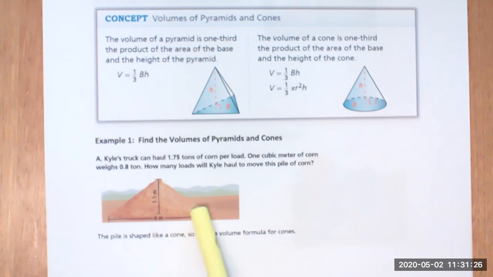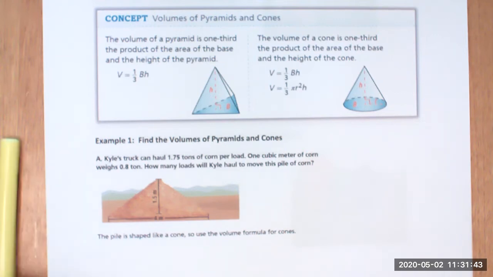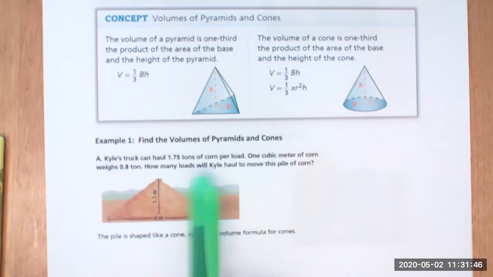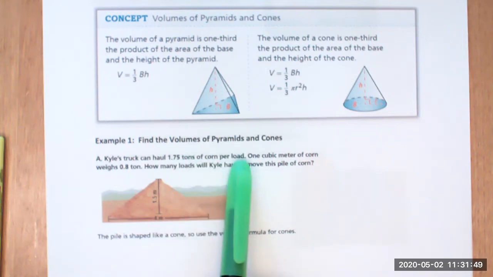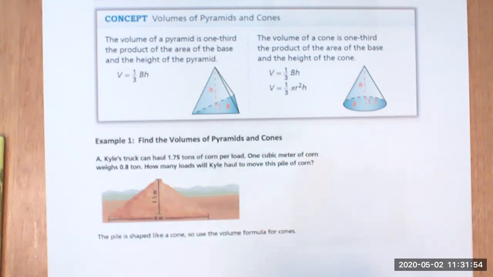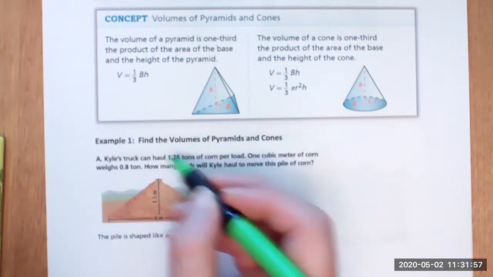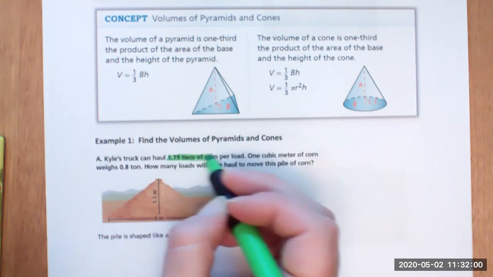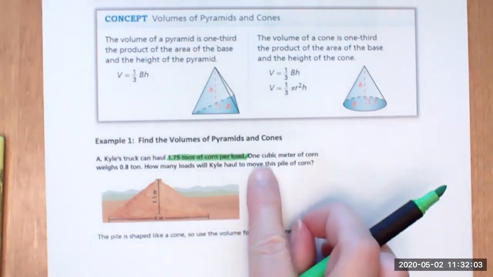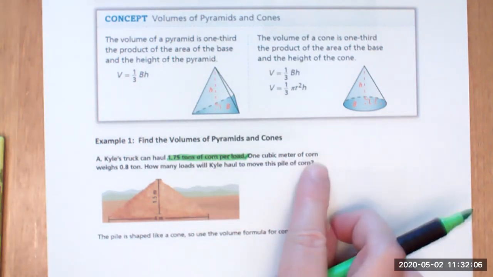What we have here is a pile of corn, and it's in the shape of a cone. Kyle's truck can haul 1 3/4 tons of corn per load. First of all, notice that the units we're being given here are tons, and load is also a unit of measurement. 1 cubic meter of corn weighs 1 ton.